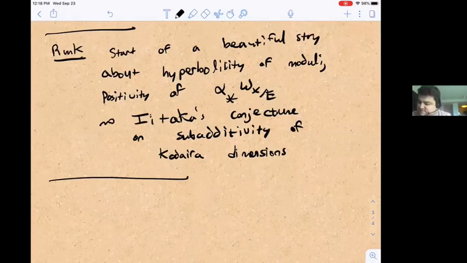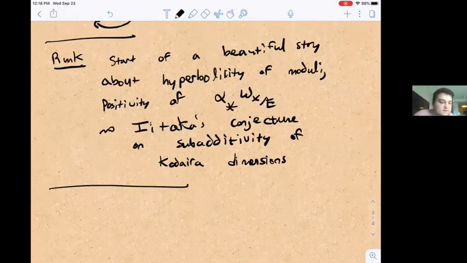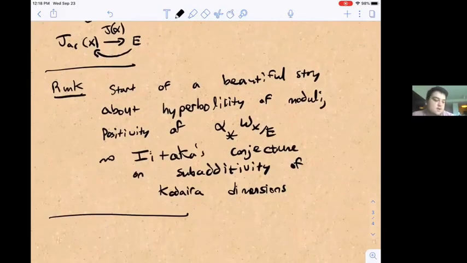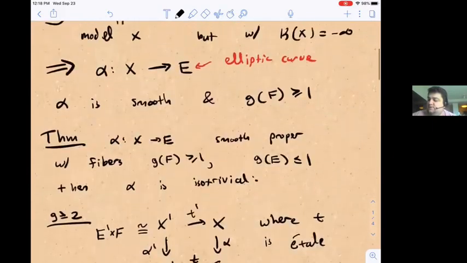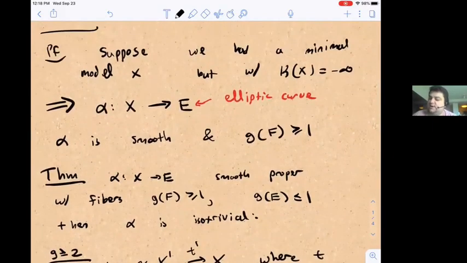Now we want to use this isotriviality to derive our contradiction, and our contradiction is just going to be that the Kodaira dimension is non-negative, because we assumed at the start that we had some surface that had Kodaira dimension minus infinity, then got to this point where now it's this isotrivial fibration over a genus 1 curve, and now we want to show that's a contradiction because any such fibration has some pluricanonical sections.